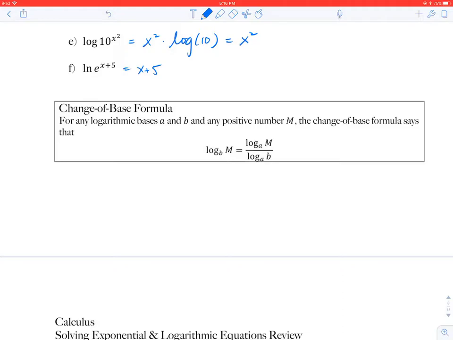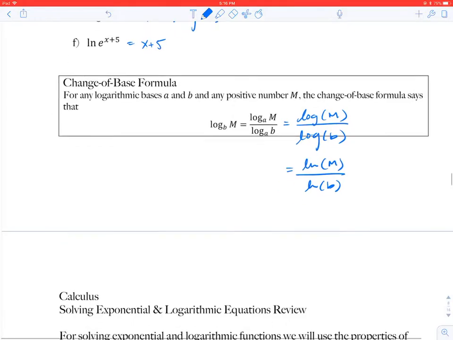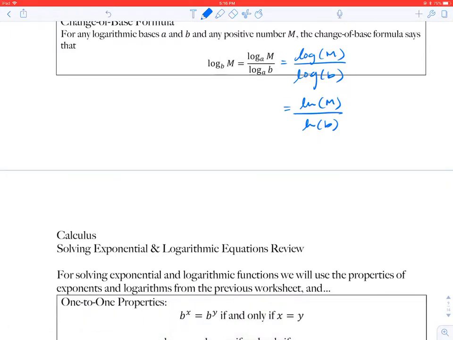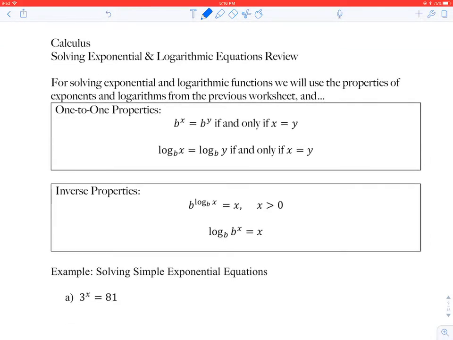It doesn't matter what the base is, it just has to be the same base in the numerator and the denominator. So it's common to say log of m over log of b will give us the same as natural log of m over natural log of b. And we're going to use the change of base formula in helping us to derive the derivatives of the logarithmic functions.